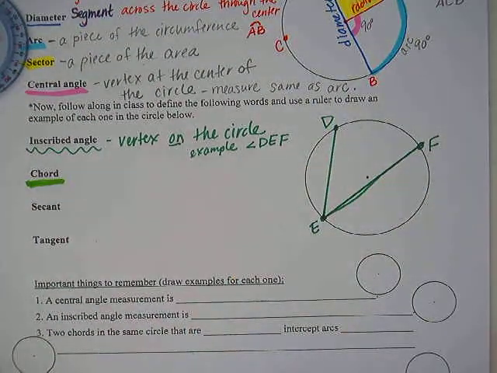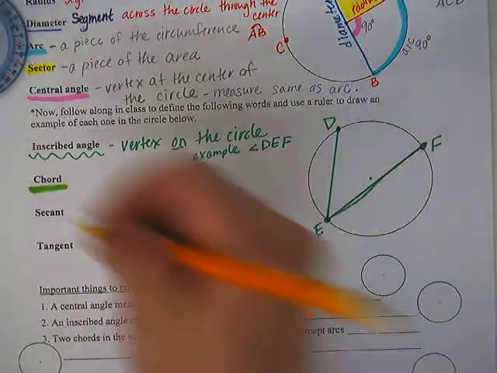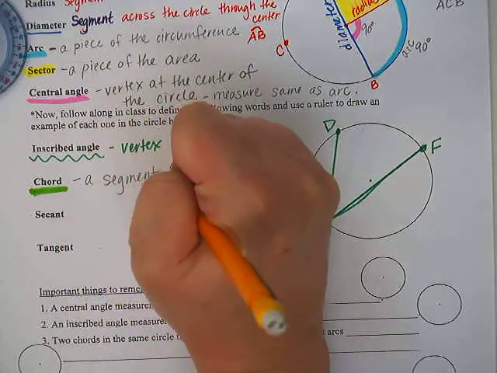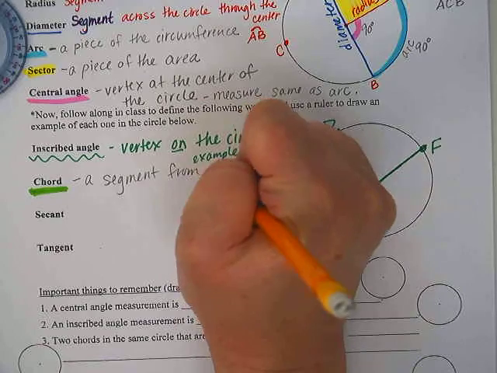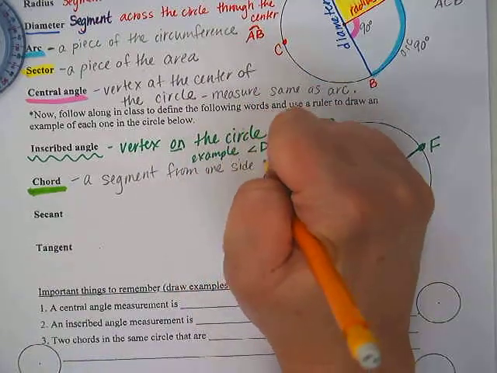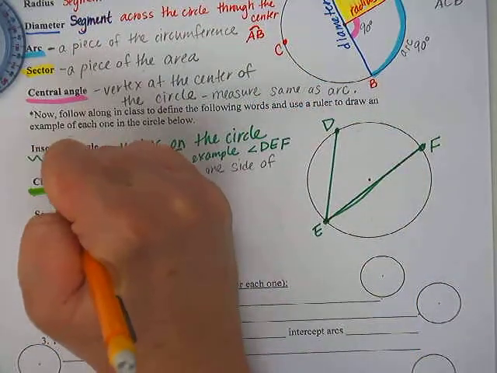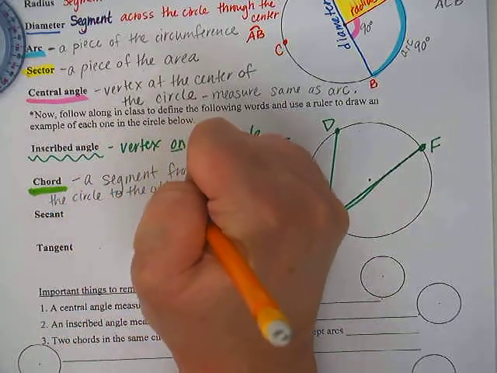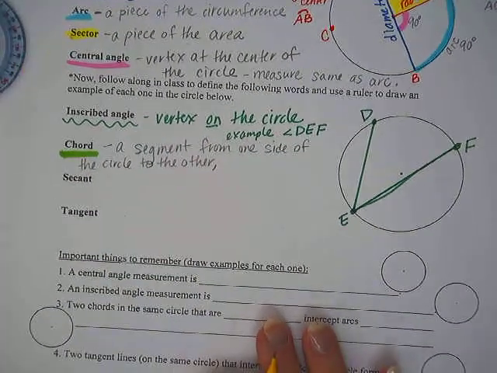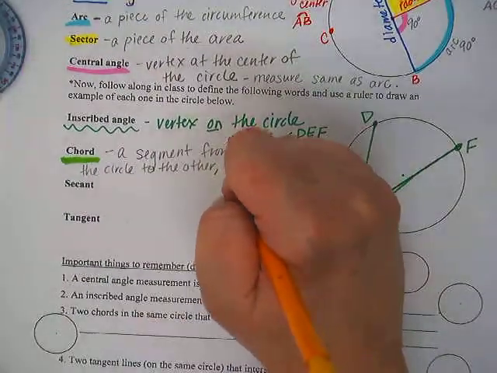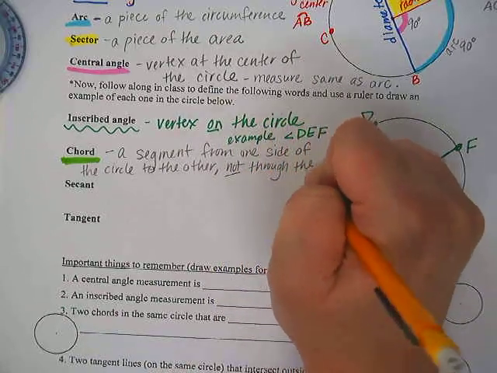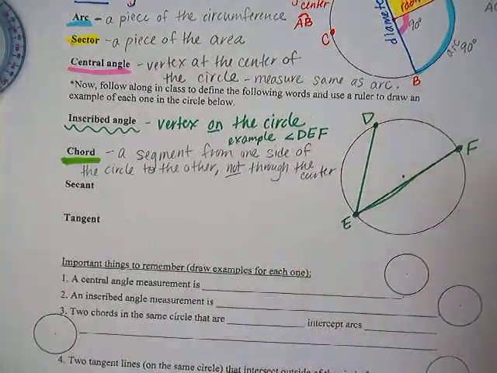Okay, the next word we're going to talk about is a chord. Believe it or not, we actually have 2 chords in our picture already. Guess what a chord is? A chord is simply a segment from one side of the circle to the other, and the important thing is that it's not a diameter.